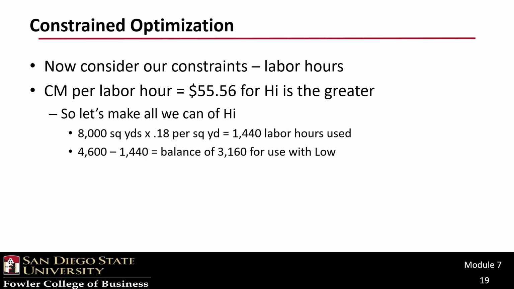So of our 4,600 hours, 1,440 we're going to use making high carpet. That leaves us with a balance of 3,160 to use for low. And so that's going to be our production capacity for low. So now we've taken the fact that our production is constrained and we've determined the way we're going to optimize our profits by making as much of the right product as we can.